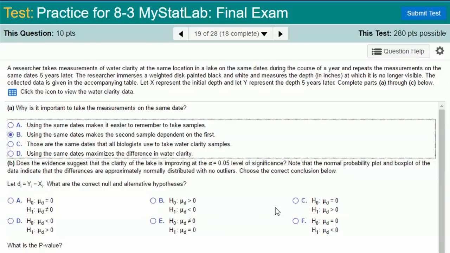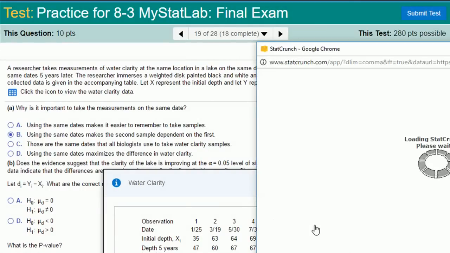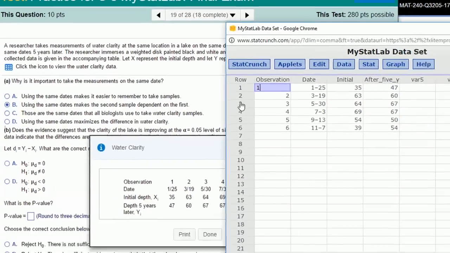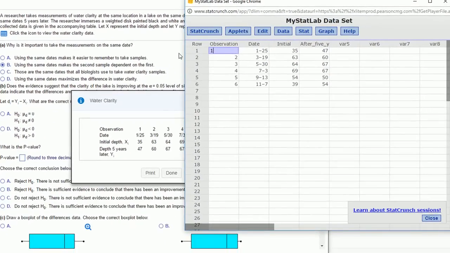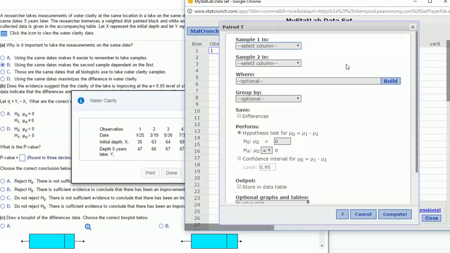Does the evidence suggest the clarity of the lake is improving? Well, let's open up the data in StatCrunch and we can do a hypothesis test on that. Whenever you're doing differences like that, let's do a paired t-stat. So notice the difference is sample 1 minus sample 2.